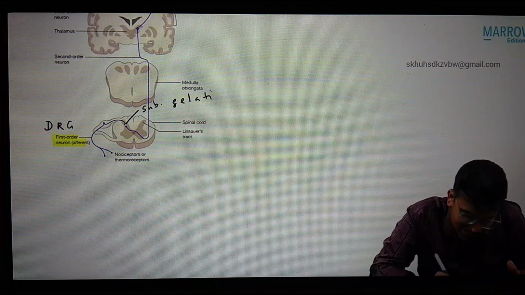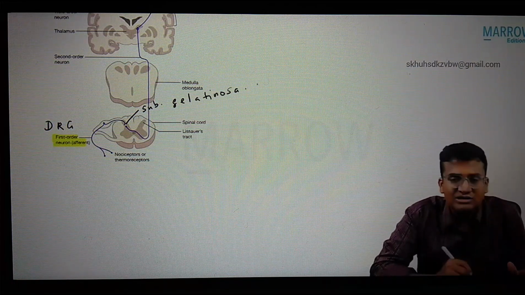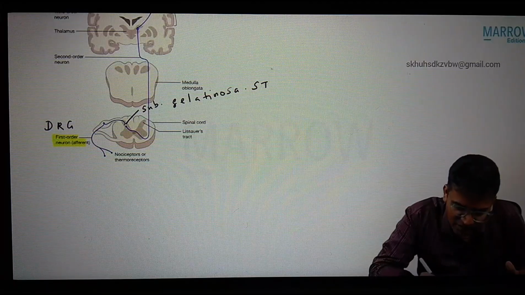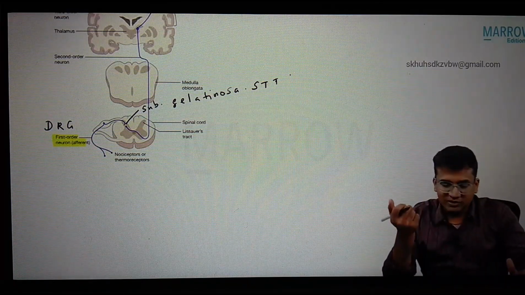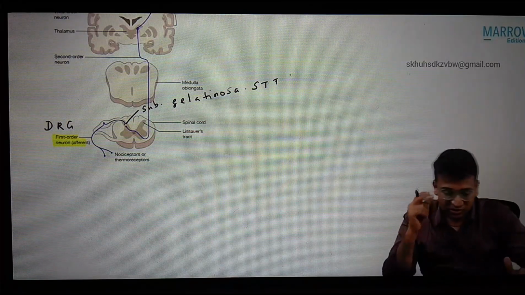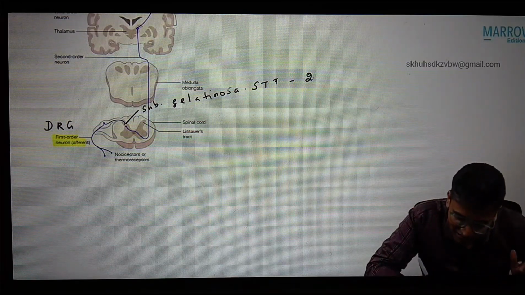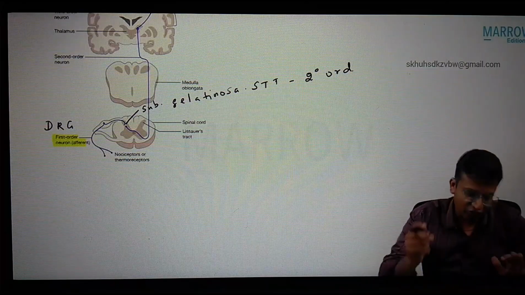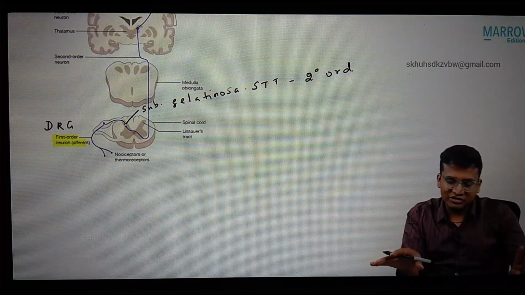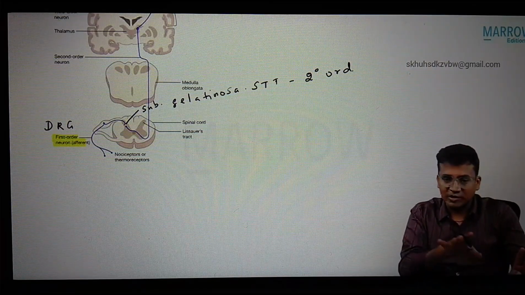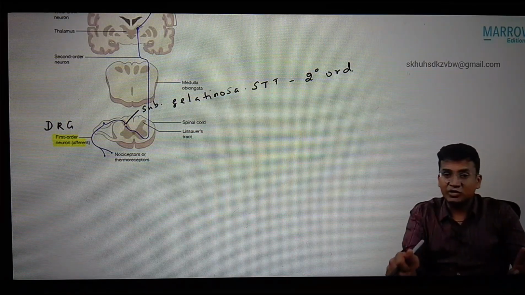Substantia gelatinosa is the nucleus for the spinothalamic tract. So fibers from the dorsal root ganglion come to substantia gelatinosa, the nucleus for the spinothalamic tract, and that is the second order neuron.